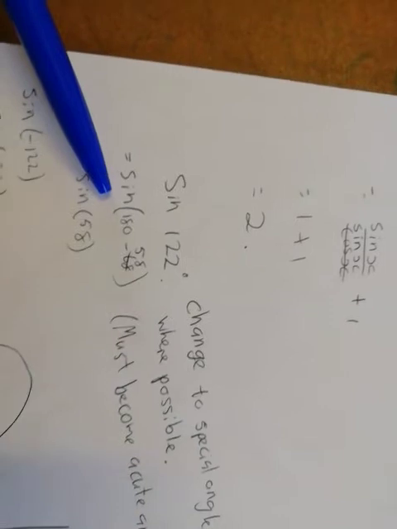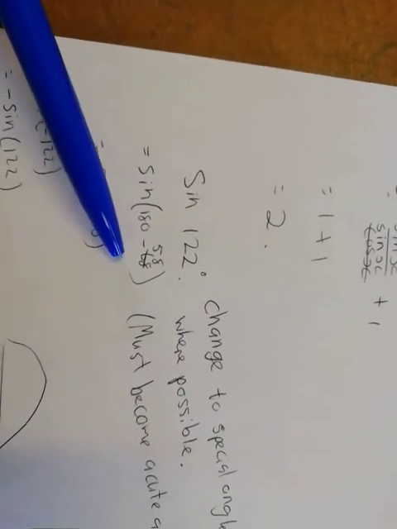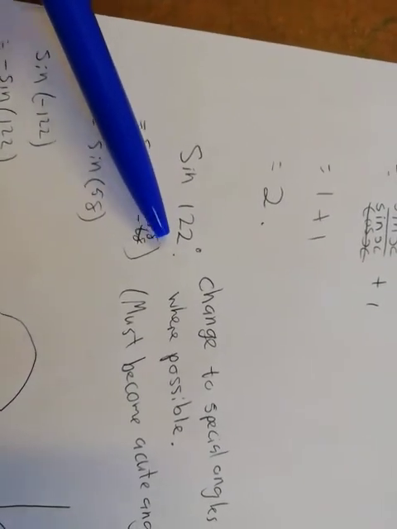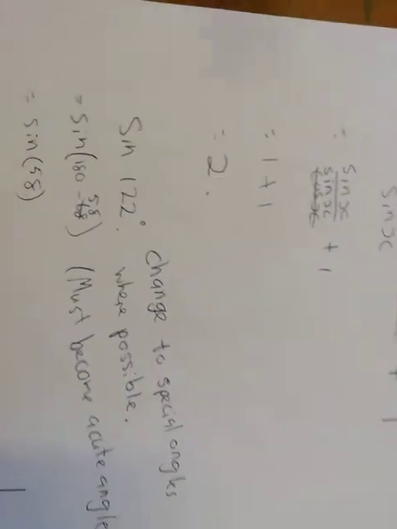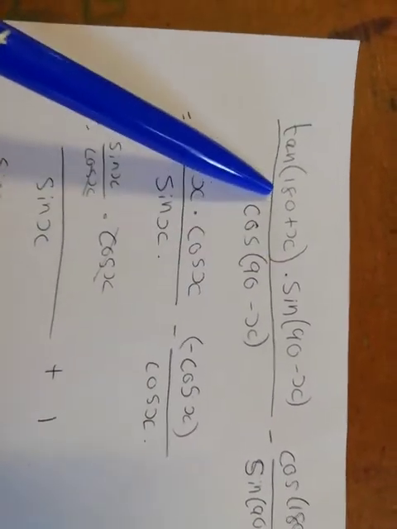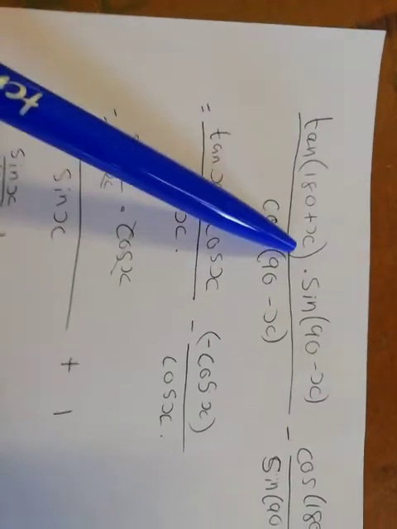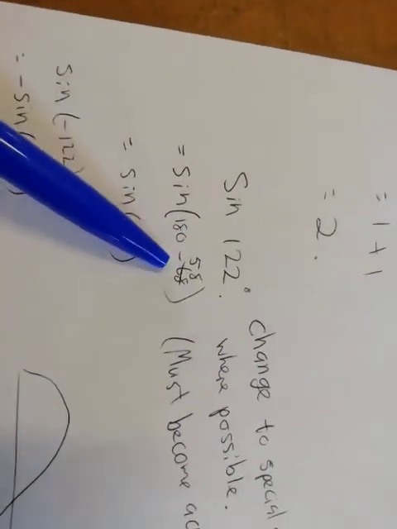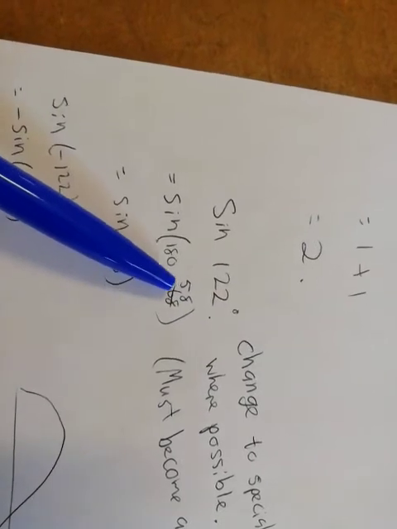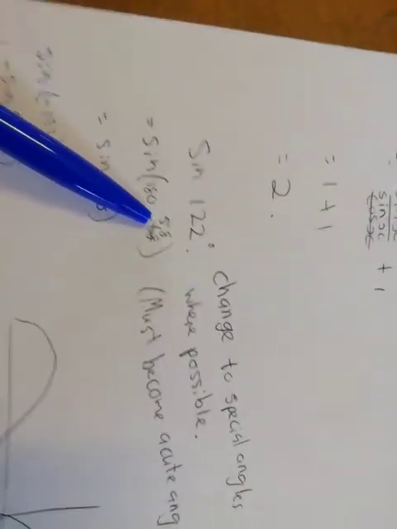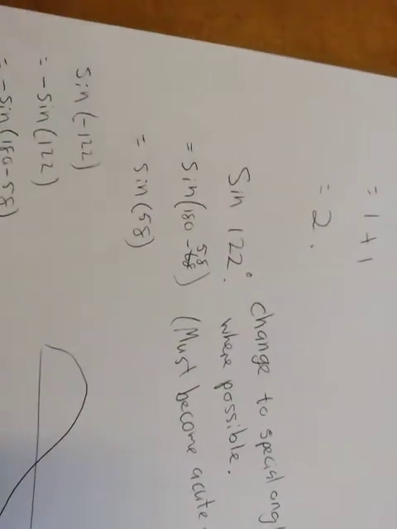If you work with sine of 180 minus, you can say 180 minus 58 will give you 122. As with the previous question, if you have a reduction formula, the x that you have there will go to the following, which is why you do not say 180 minus 122, but you say minus the acute angle that you use. So you have to change to special angles if you can.